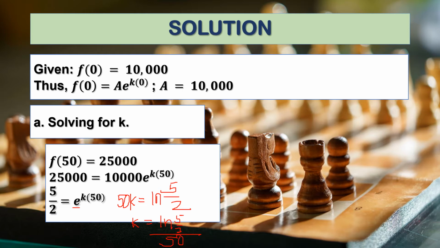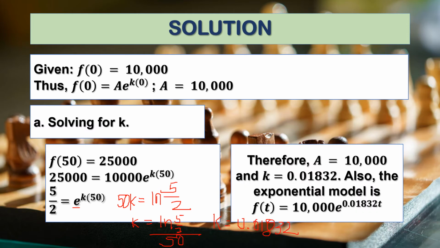So the value of k is 0.01832. Therefore, a is 10,000 and k is 0.01832, and the exponential model is f of t is equal to 10,000 multiplied by e raised to 0.01832t, and this exponential model will be used in solving for letter B.